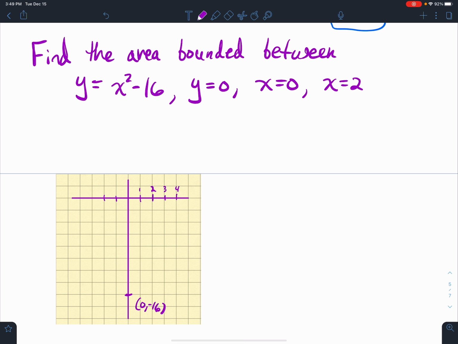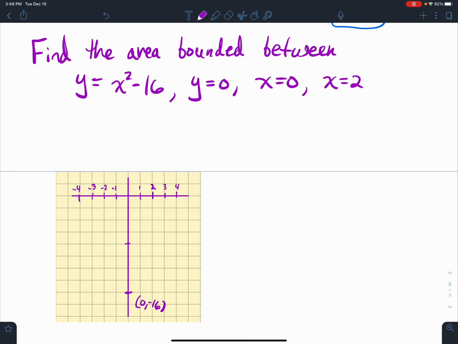As long as you label your axes, then you can make it whatever scale you need to make it work, okay? So I'm not super picky. If you end up labeling stuff, then I'm really going to be lenient with you, right?